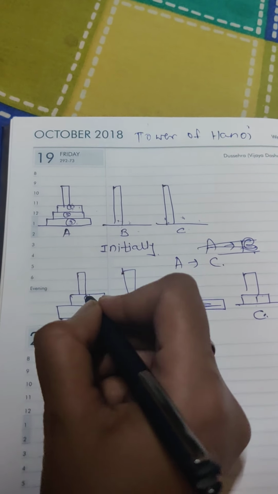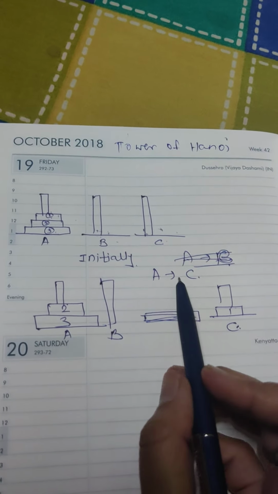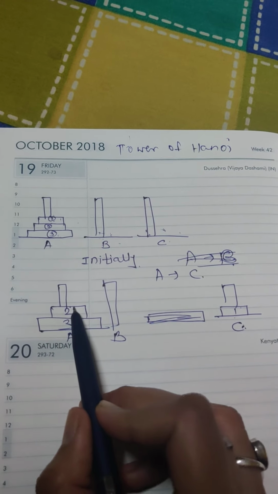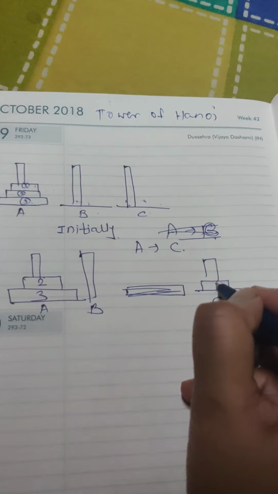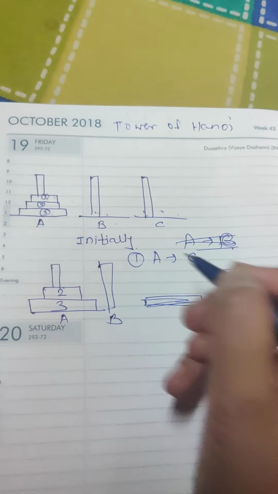So here are the discs 2 and 3, and initially A is moved to C, means the first disc is moved to C. Now this is 1.